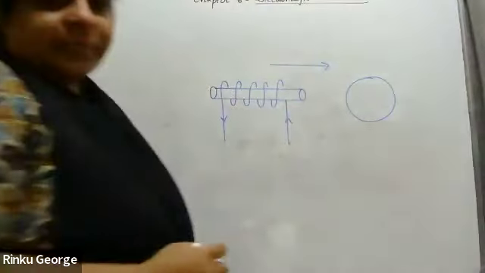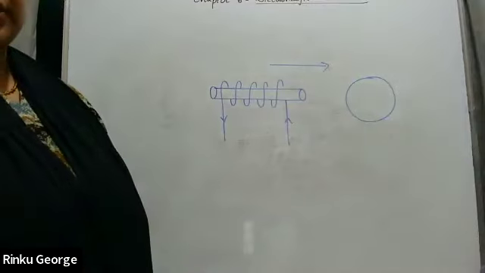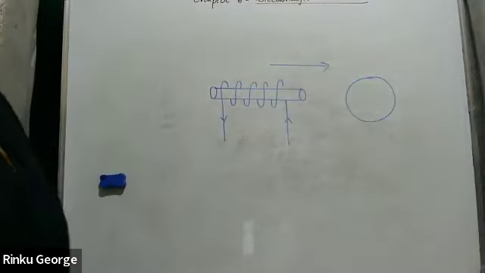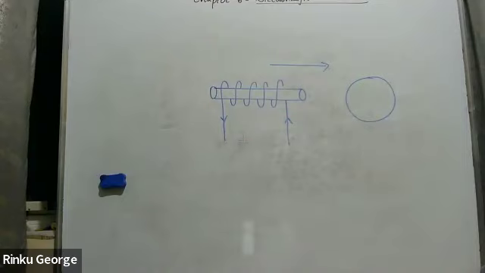What will be the direction of induced current in the loop?